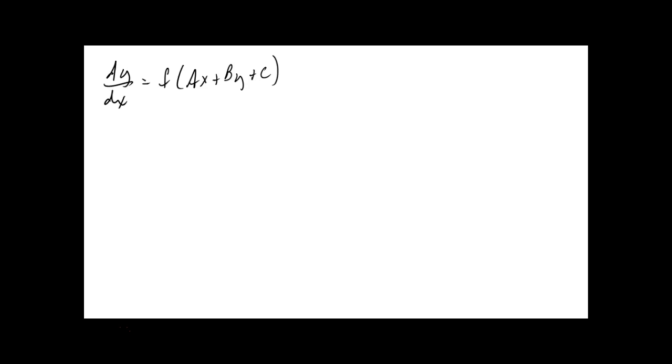But here's the beauty of it, and it's about as simple a substitution as you can imagine. Let's do this substitution. Let u, our favorite substitutor, be equal to ax plus by plus c. In other words, the innermost part of that function on the right. That's what we're going to do.